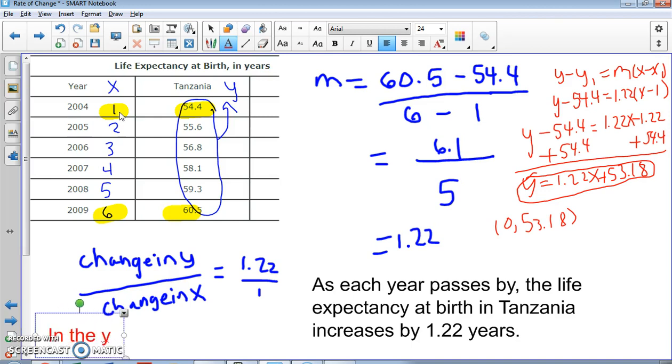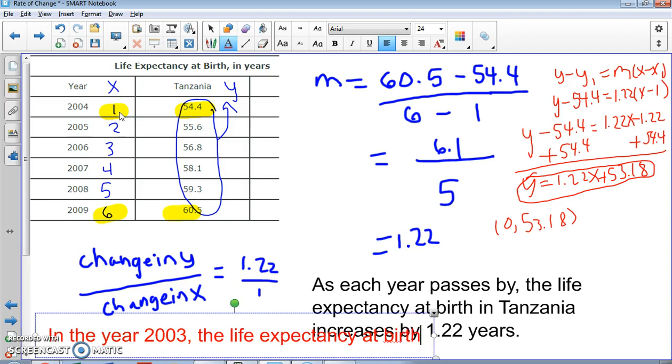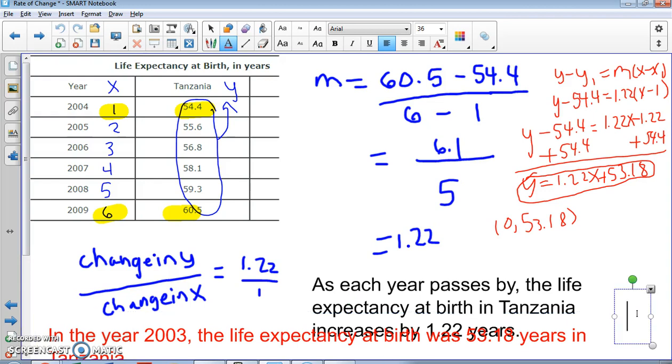So in the year 2003, the life expectancy at birth was 53.18 years in Tanzania. So that would be our interpretation here.